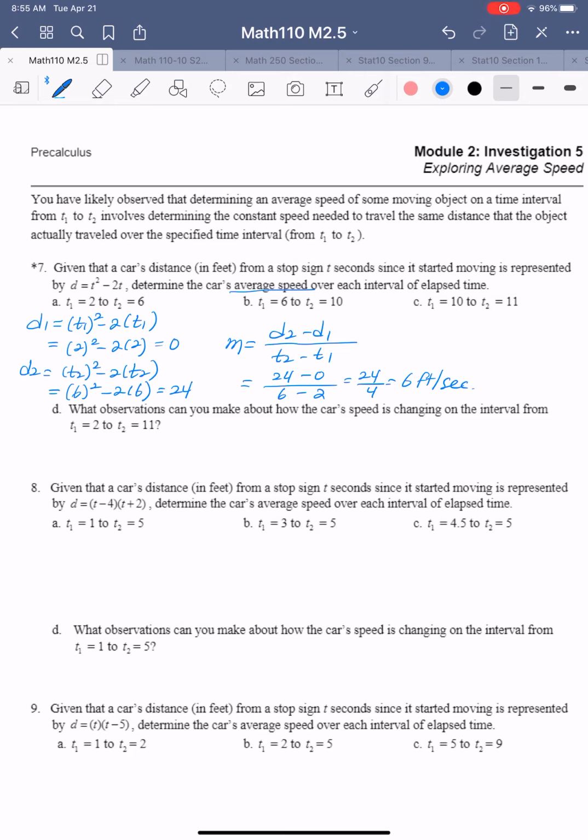All right, so now d: what observation can you make about how the car's speed is changing over the interval from 2 to 11? So there's 2 to 6, 6 to 10, and 10 to 11.